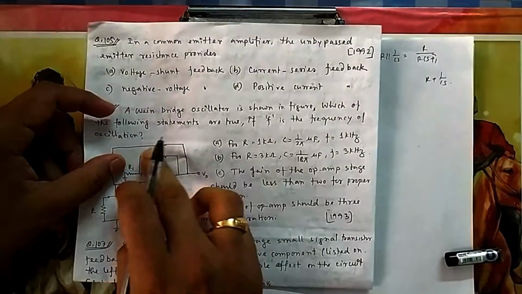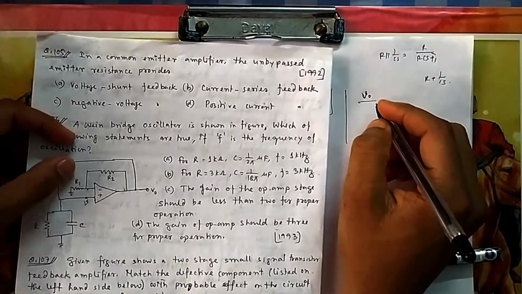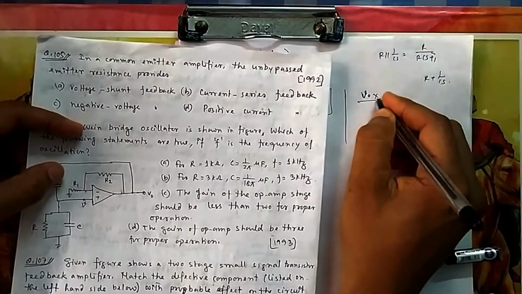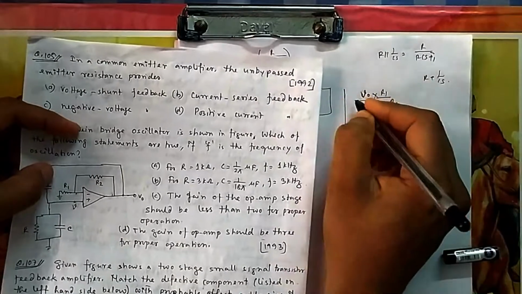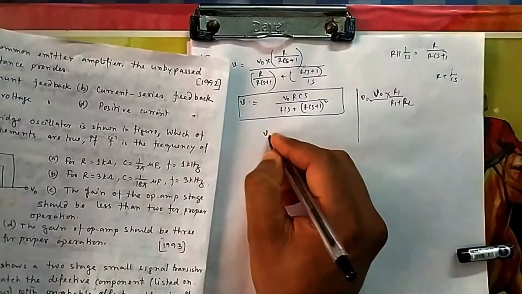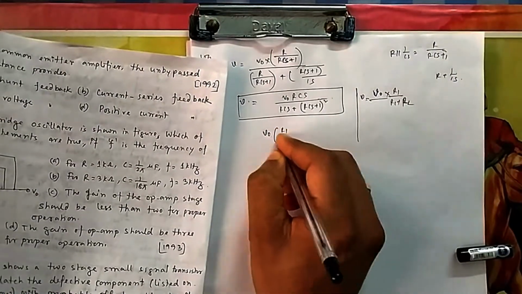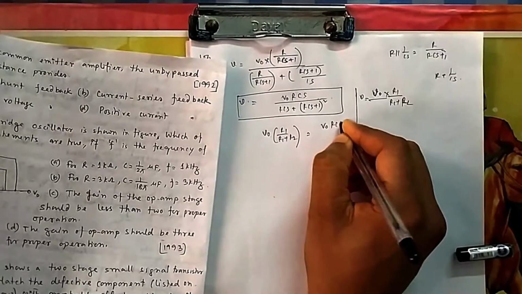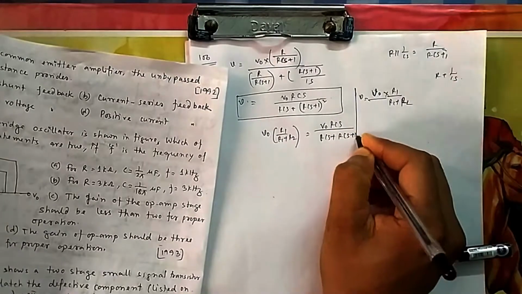This voltage will be divided into two parts, that is V0 times R1 by R1 plus R2. So that is also V. If you equate these two voltages, that is the transition point. So V0 times R1 by R1 plus R2 will be equal to V0 RCS divided by RCS plus 1 whole square.